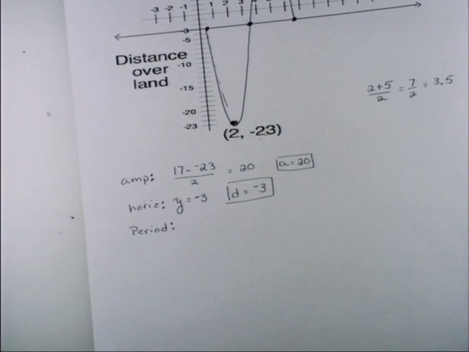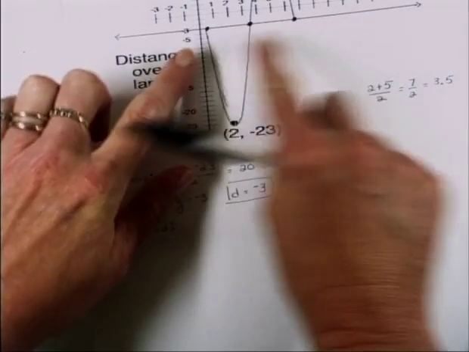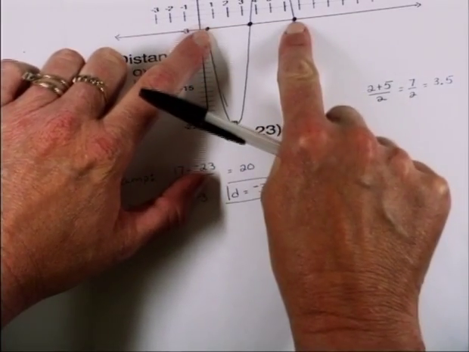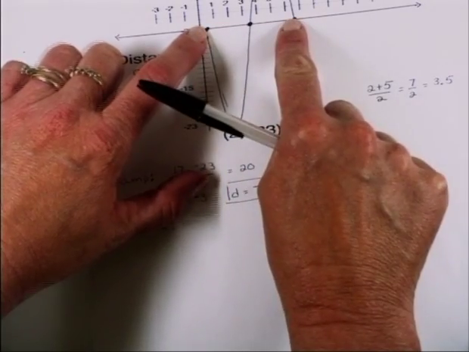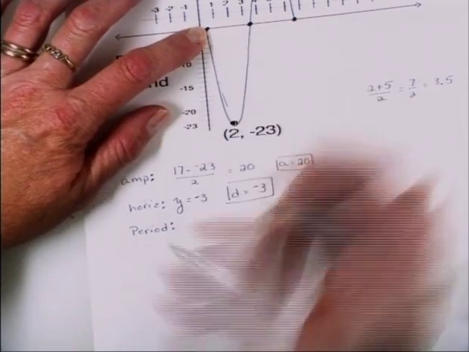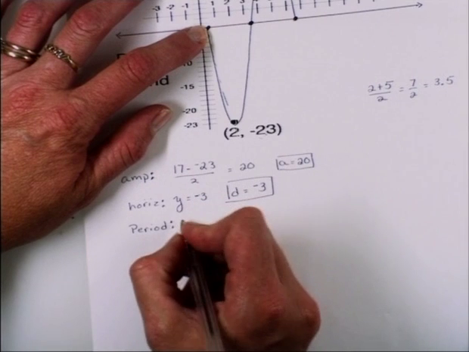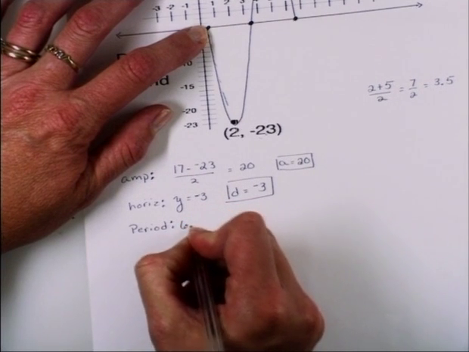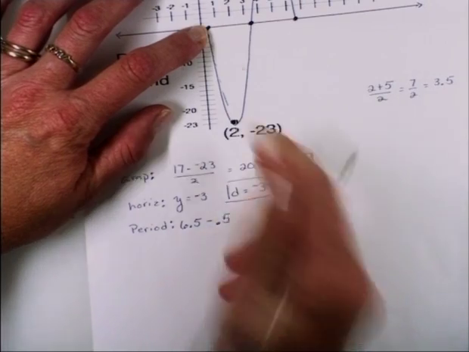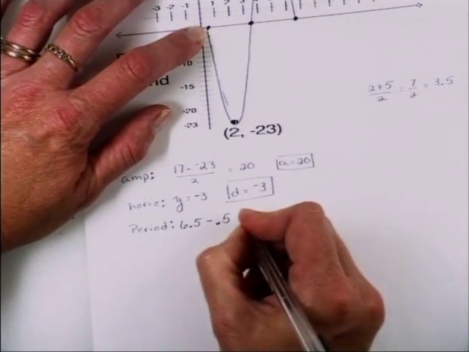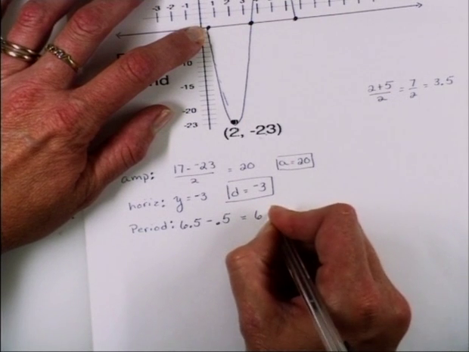All right, so let's go ahead and determine the period then. So now that I know what it looks like, I have gone from 1/2, all the way through 6.5 before it repeats. From 1/2 to 6.5 is 6 seconds.